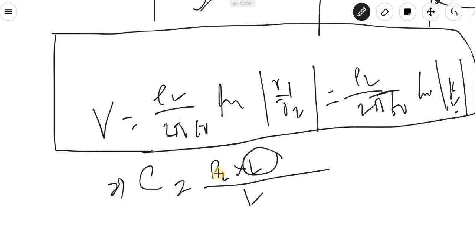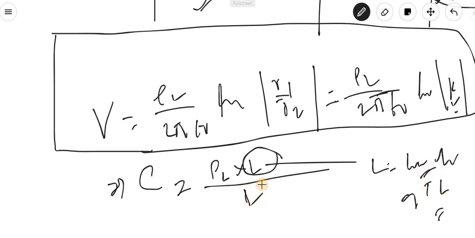So C equals rho L into L by V, where L may be considered as the length of the transmission line, and this is the V.